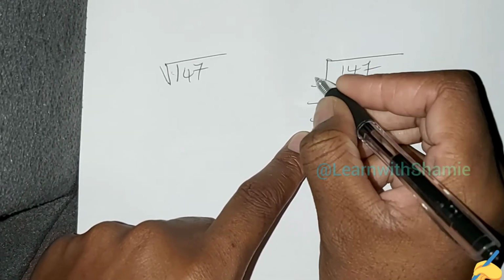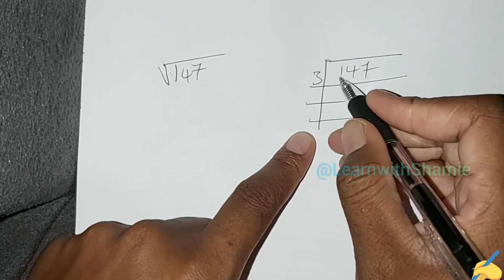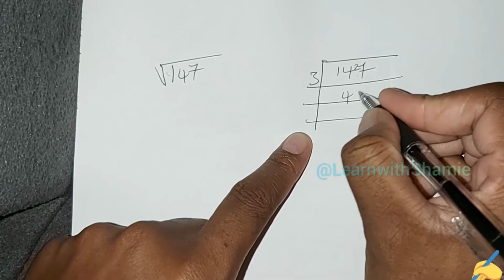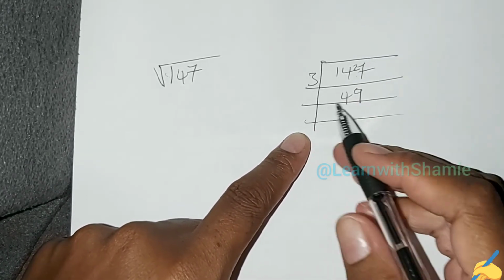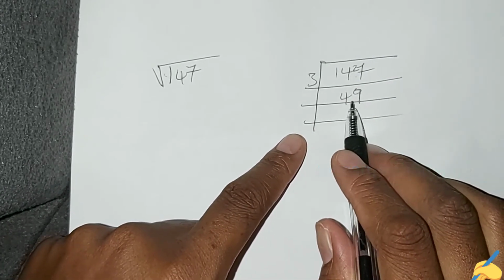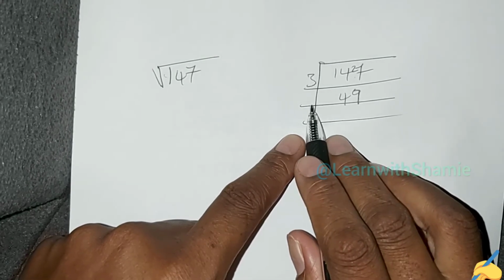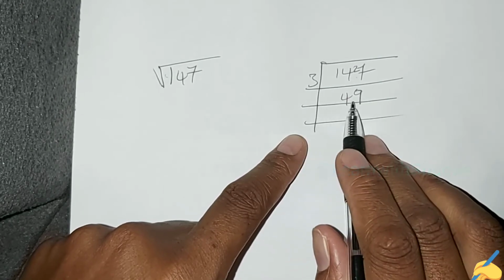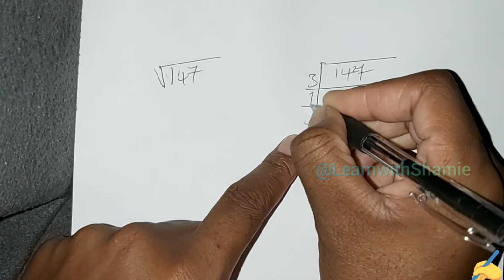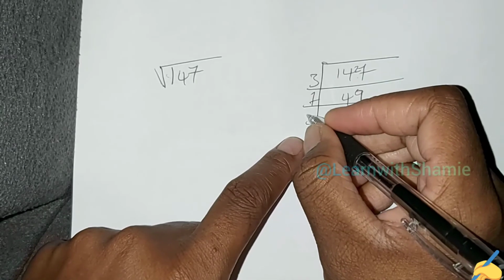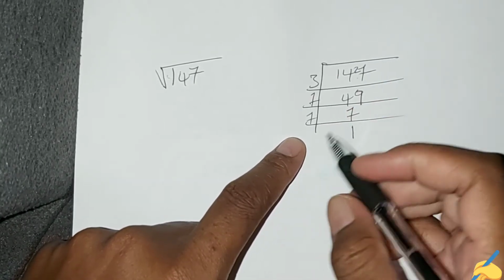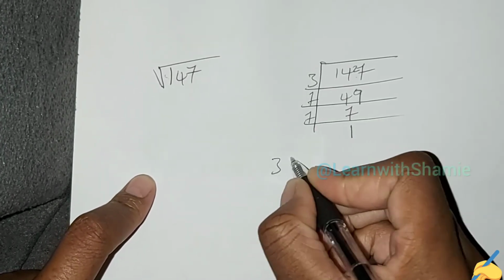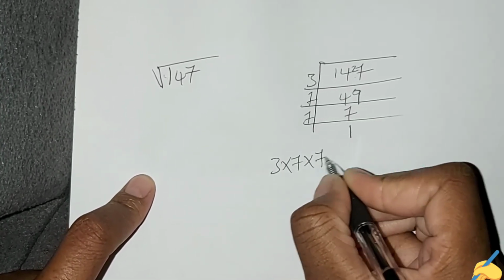We then try 3. 3 can, because 3 into 14 goes 4 times, remainder 2, and 3 into 27 goes 9 times. 3 cannot go into 49 without leaving a remainder. So the next prime number to try is 5, and 5 cannot either. But 7 can, so we'll say 7 into 49 goes 7 times. 7 into 7 goes 1 time. So the prime factors of 147 would be 3 times 7 times 7.